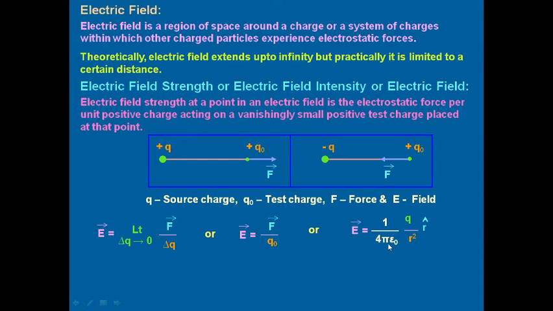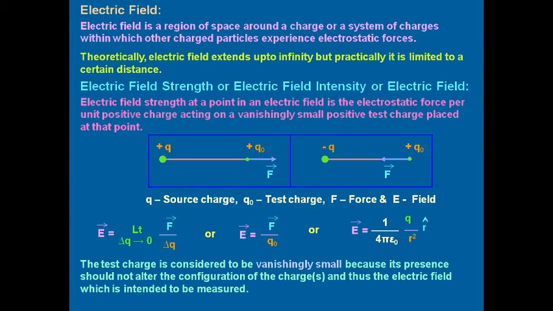E is equal to 1 by 4 pi epsilon naught Q upon R square, R unit vector, which gives the direction of the electric field, and the electric field direction is the same as the direction of the electrostatic force acting on the test charge. The test charge is considered small because its presence should not alter the configuration of the charge, and thus the electric field which is intended to be measured.